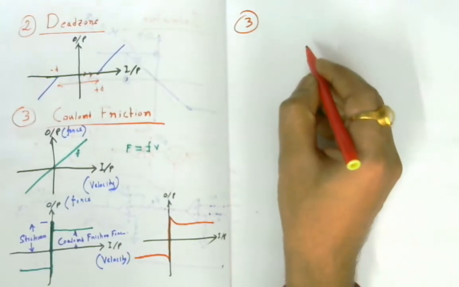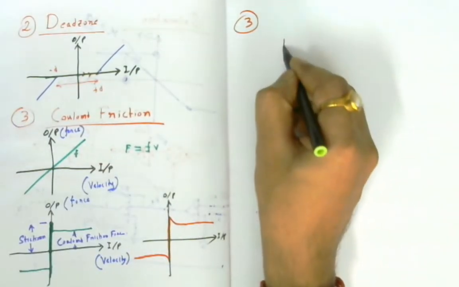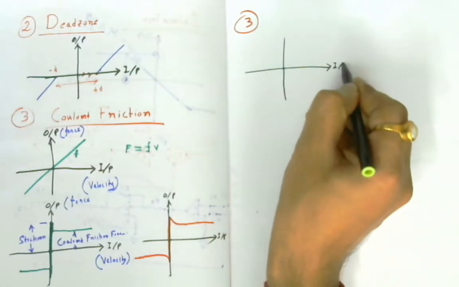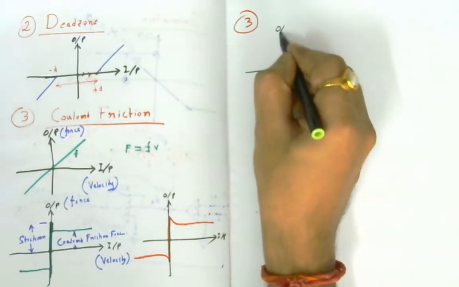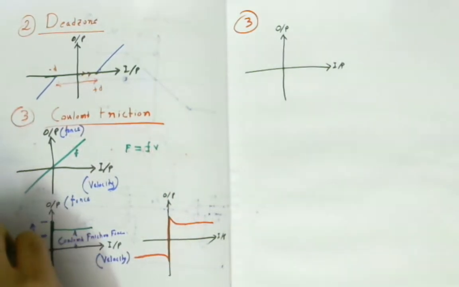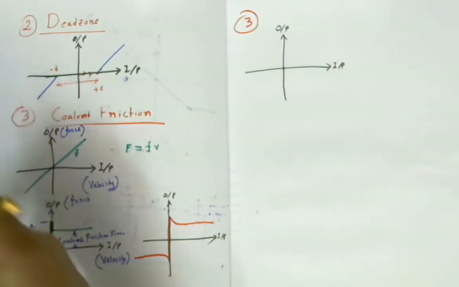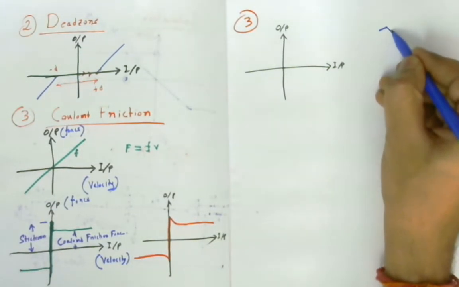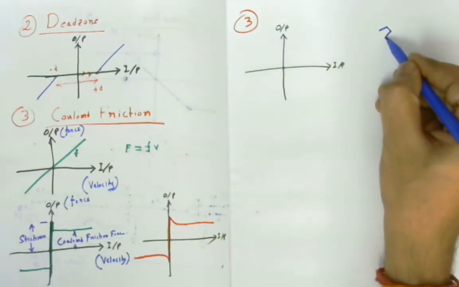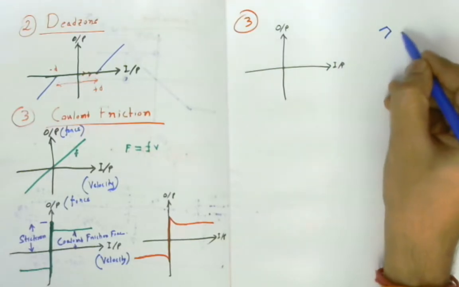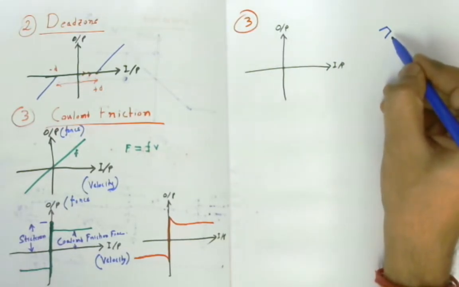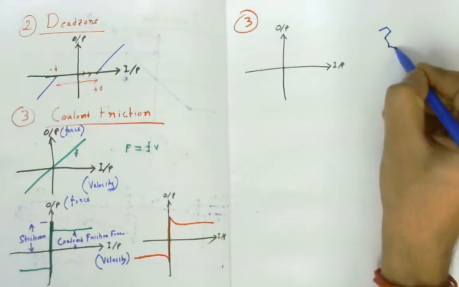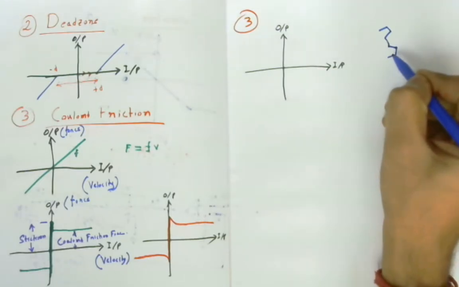So first of all, I am drawing the input output characteristics axis. Now say I am drawing just the gear, I have to draw two gears, but you can see my note for the figure.